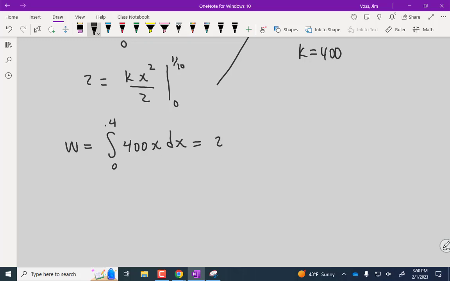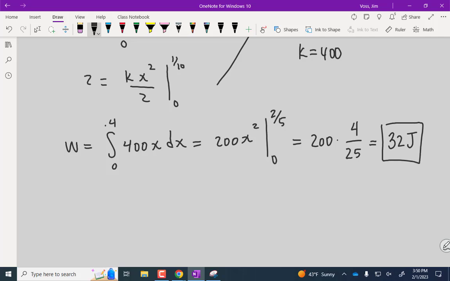So this is 200x squared from 0 to 4/10, which is 2/5. So this will be 200 multiplied by 4 over 25. 8 times 4 is 32. So smaller k value, less work.